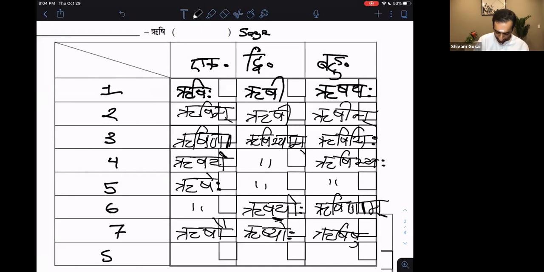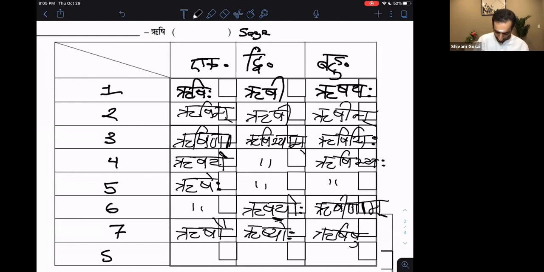Yeah, there's another correction. Sorry, I'm not paying attention, clearly. Rishi. Now I'm so focused on this pen that I'm making mistakes. So this is good practice for me as well. Rishinam, this long ikara.